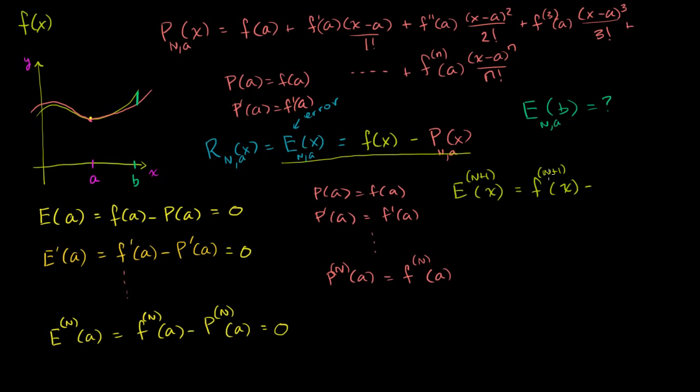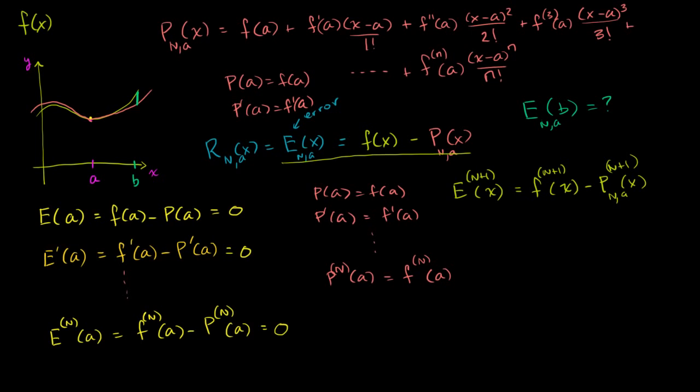So it's literally the n plus 1th derivative of our function minus the n plus 1th derivative of our nth degree polynomial. I could write an n here, I could write an a here to show it's an nth degree polynomial centered at a. Now, what is the n plus 1th derivative of an nth degree polynomial?